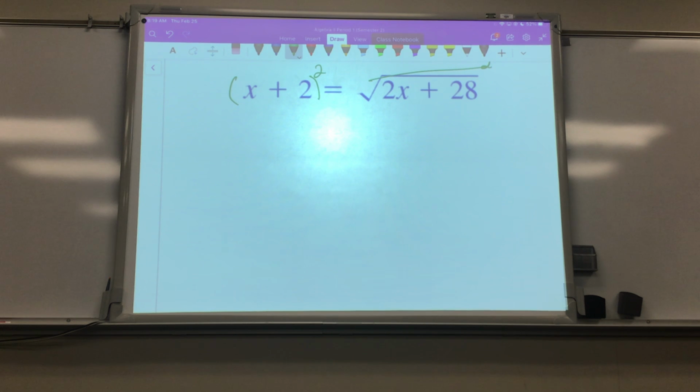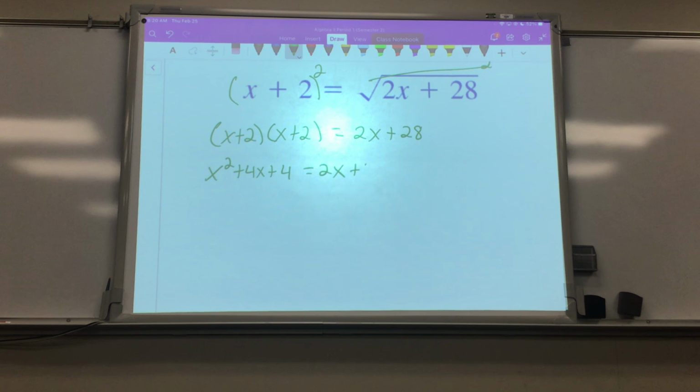And then again, x plus 2 squared, that's saying x plus 2 times x plus 2. And then we can get rid of the radical on that side. Okay. And we FOIL that out, and when we FOIL that out, you should get x squared plus 4x plus 4, correct? x squared plus 2x plus 2x, so 4x.